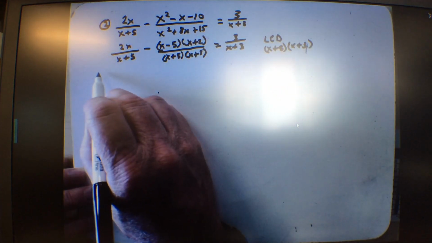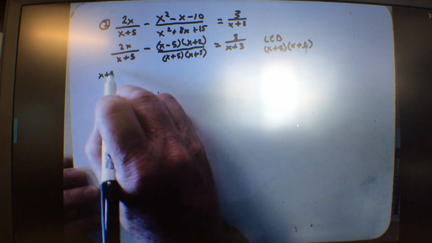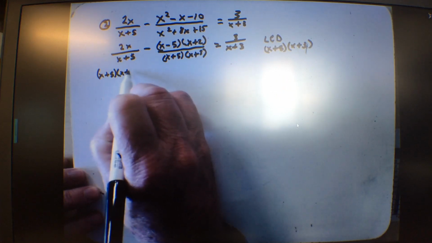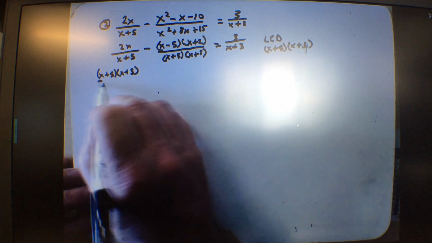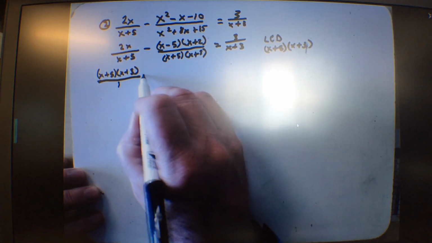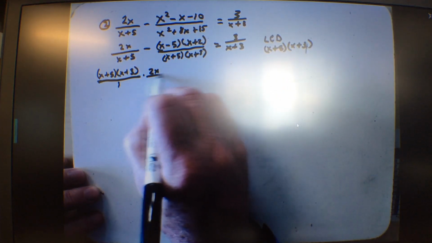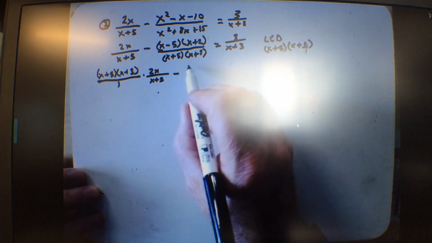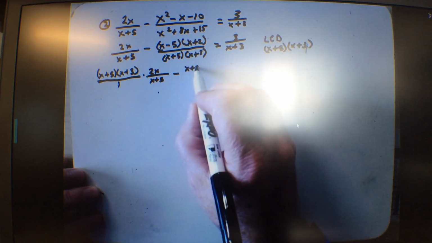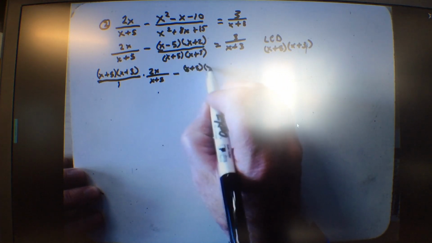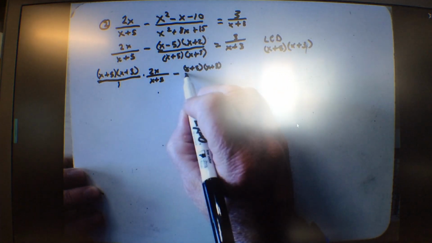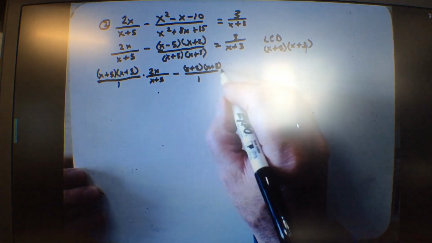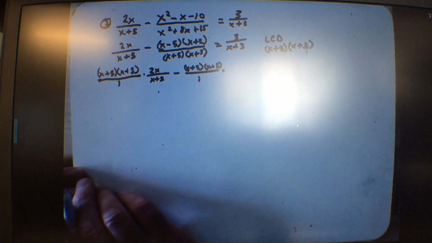So I have the quantity x plus 5 times x plus 3 over 1. However you want to do it, times 2x over x plus 5, minus x plus 5 times x plus 3 over 1 times, are we okay?